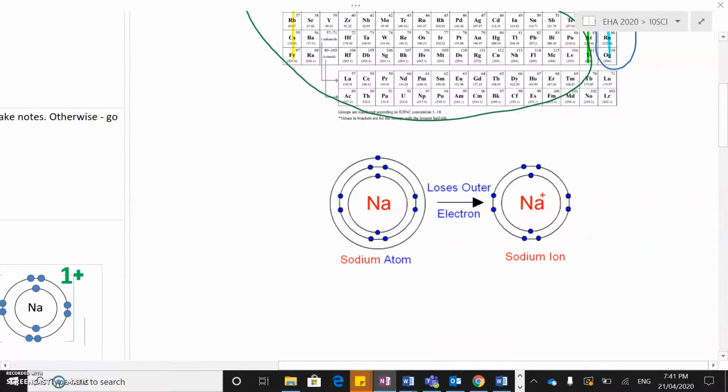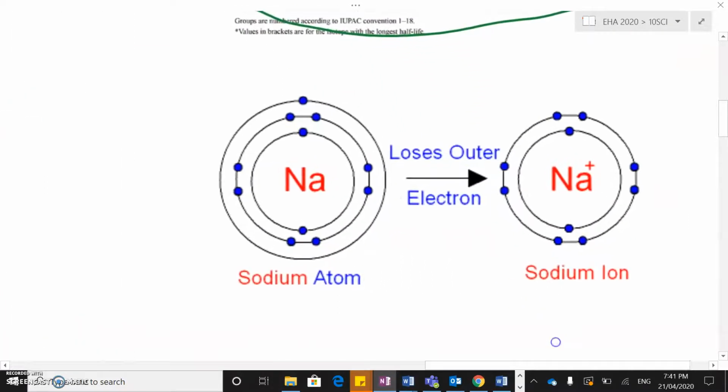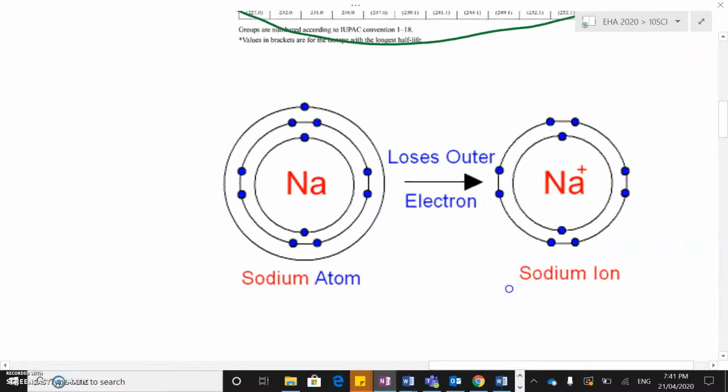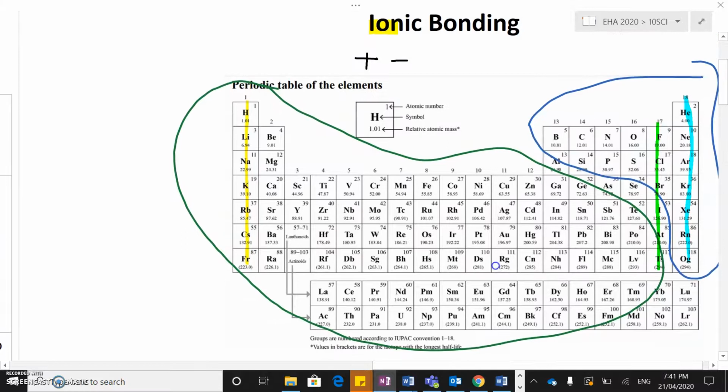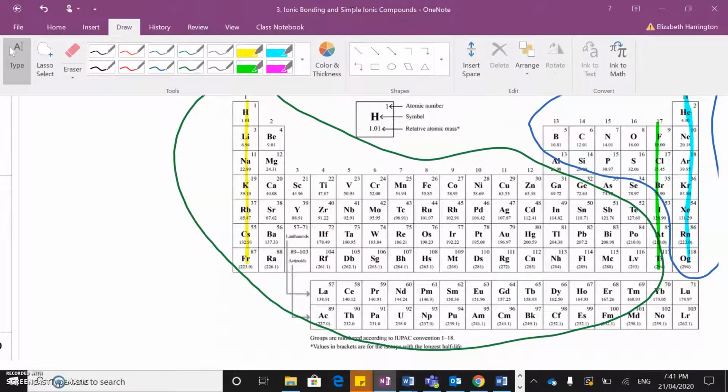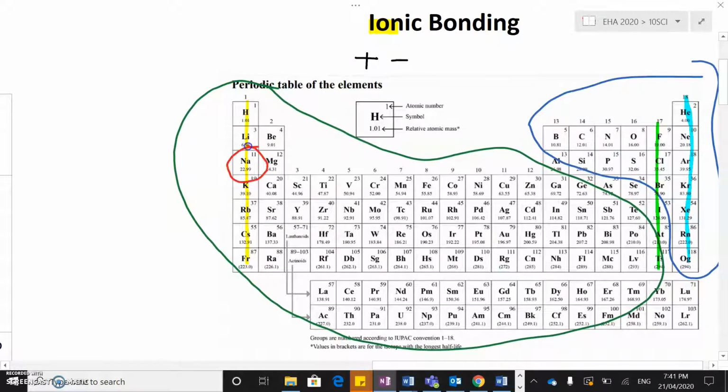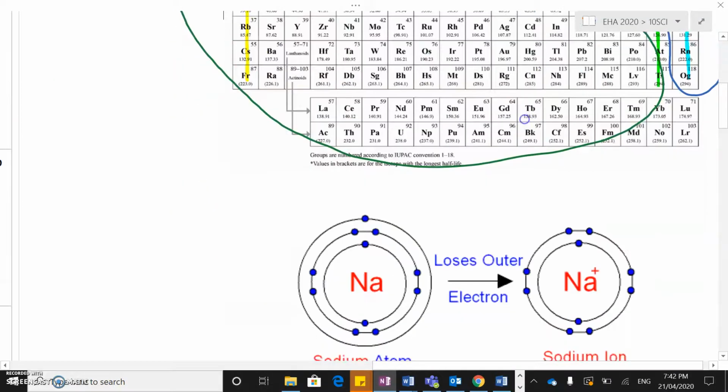So you can see there our sodium atom. How many electrons and how many protons does our sodium atom have? Well, let's have a look at the atomic number. Our sodium atom has 11 as its atomic number. That tells us that it has 11 protons and 11 electrons.